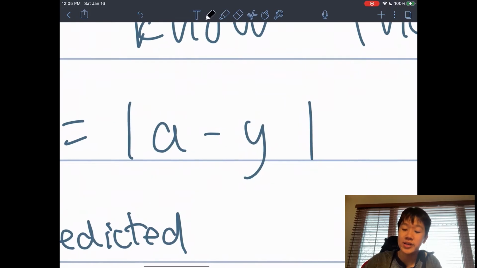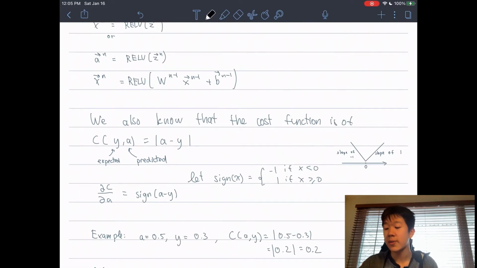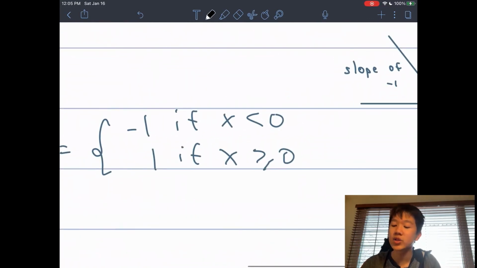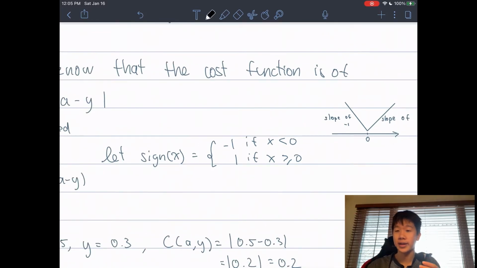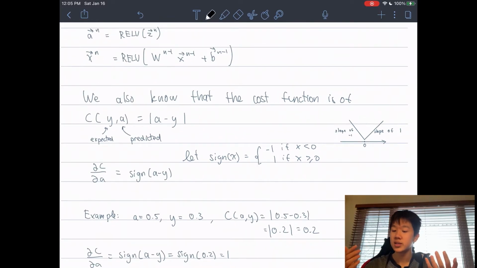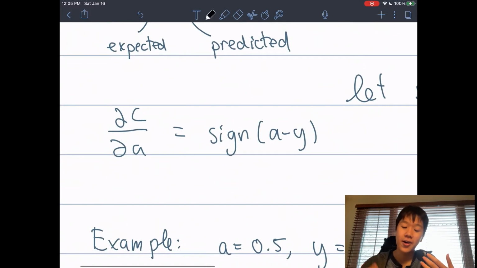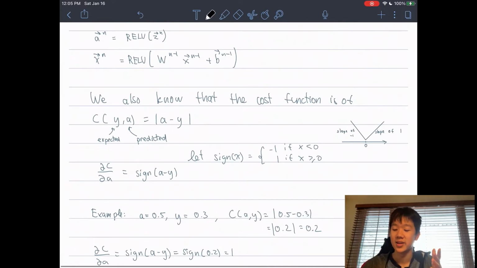It is the expression in the absolute value, so a minus y. So I'm going to define a function called sign of x, which is going to be -1 if x is smaller than 0, and 1 if x is bigger or equal to 0. So then I can finally have del C over del A is equal to sign of a minus y, and this makes sense. Why?